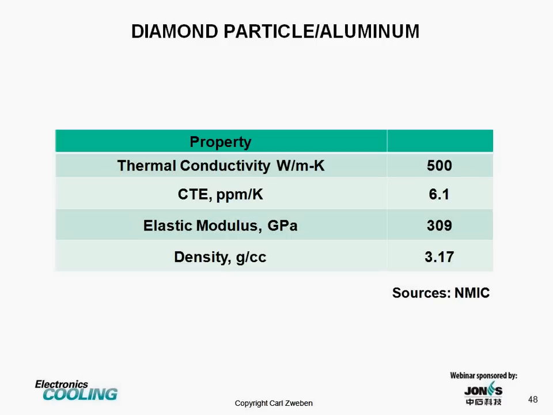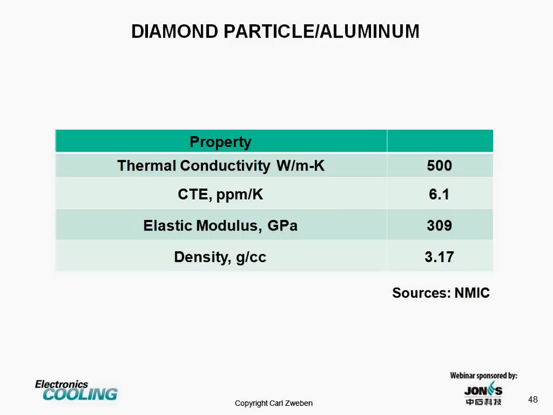Here's diamond particle reinforced aluminum. This is a commercial material. In the last chart, there were an array of different diamond particle reinforced copper materials. Some of them have been commercial for many years. This is a commercial diamond particle reinforced aluminum composite with an isotropic thermal conductivity of 500, significantly higher than that of copper.